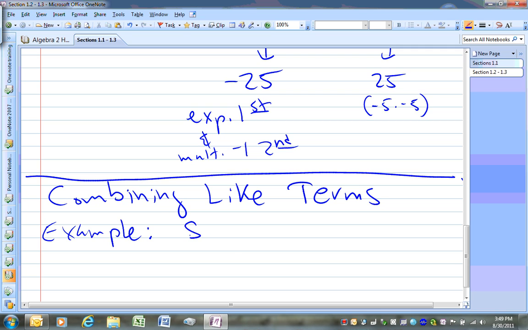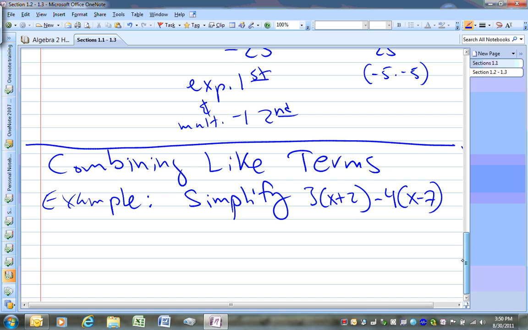So you're told to simplify the following. 3x plus 2 minus 4x minus 7. So simplify means to make more compact.